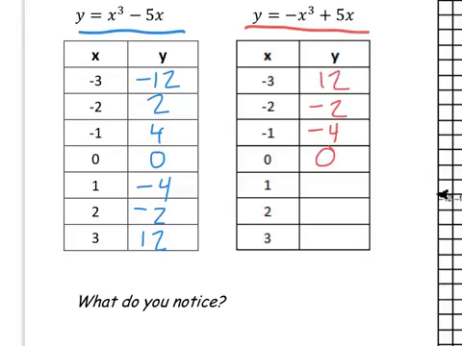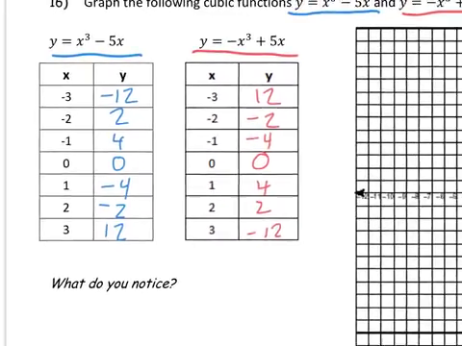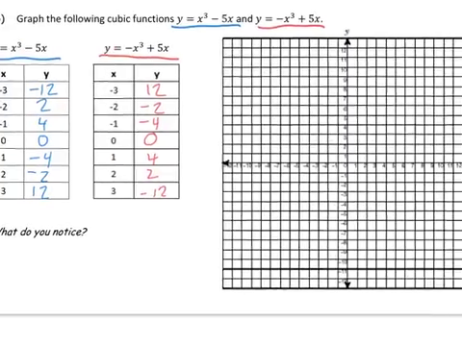Now let's go the other way. Plug in 1, get positive 4. If we plug in 2, we get positive 2. And if we plug in 3, we get negative 12. Take a look at the y values from the blue graph and the red graph. It appears that they've flipped, so this almost looks like a reflection. Let's plot it and confirm that.